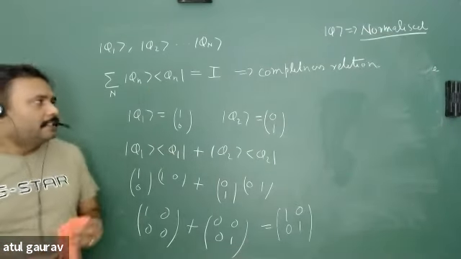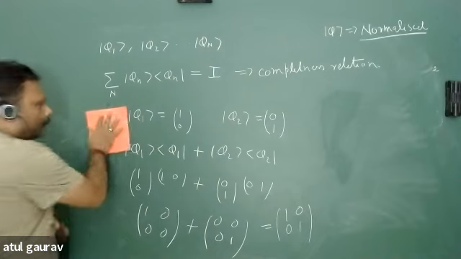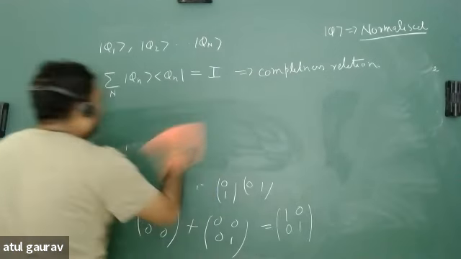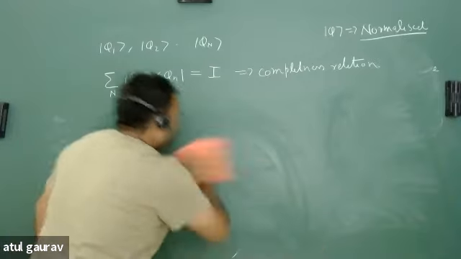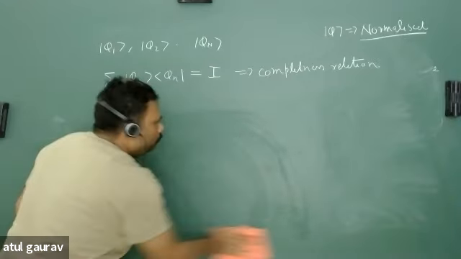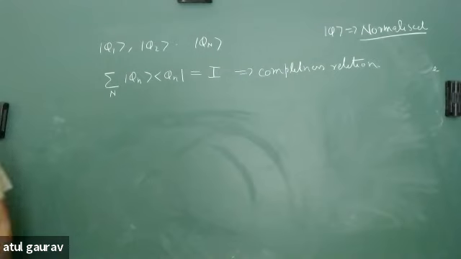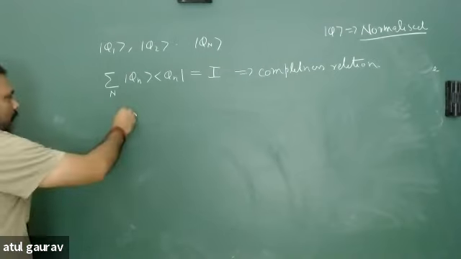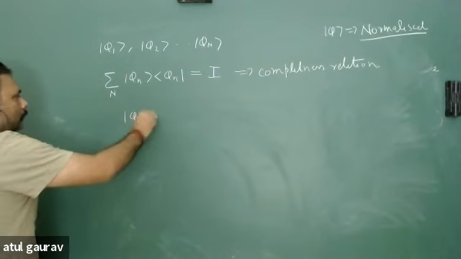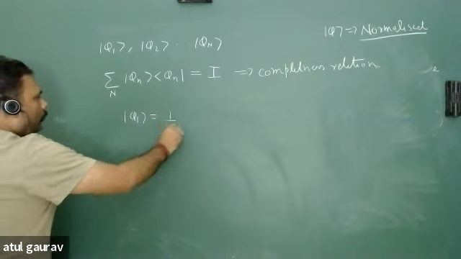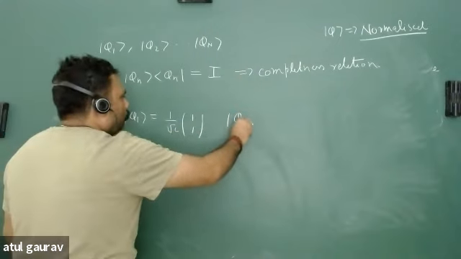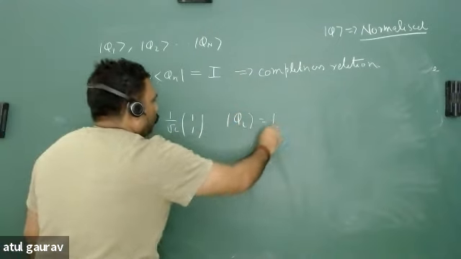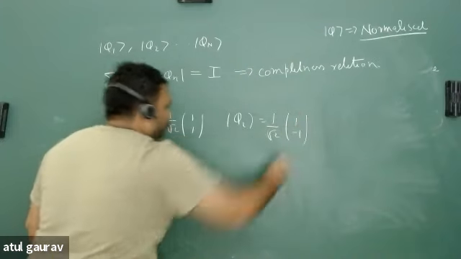Okay. Now let's go for the next example, which is a more non-trivial example. Let's say phi 1 is 1 by root 2 times (1, 1), and phi 2 is 1 by root 2 times (1, minus 1).